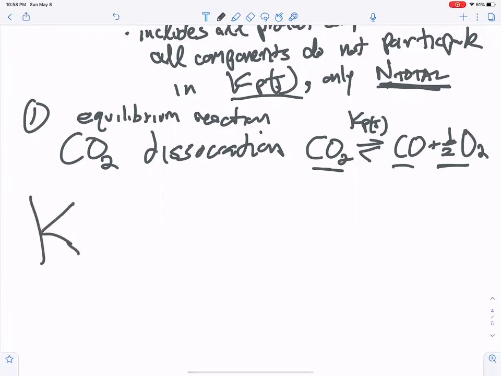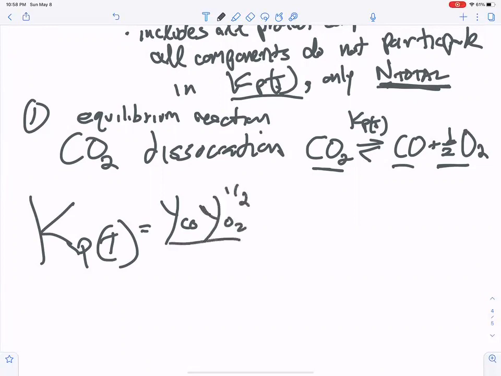Once we define this equilibrium model, we can define our equilibrium constant, which is the ratio of the products multiplied to each other, raised to their coefficient. And then you have this pressure effect.